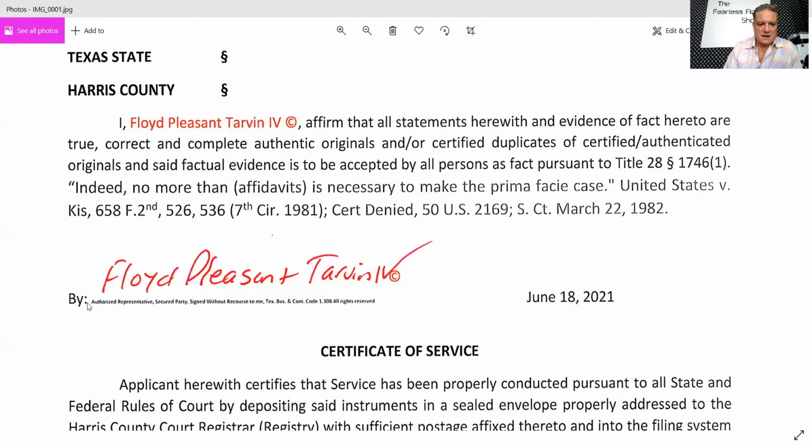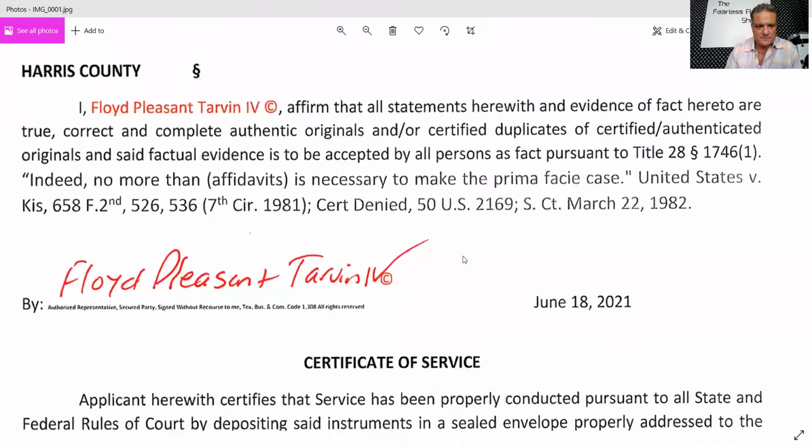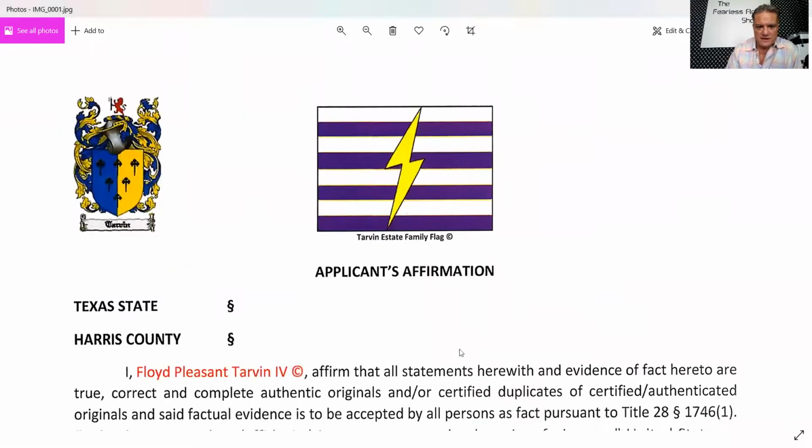All right. See right here, I have by, B-Y colon, and then I have my name. So why am I putting a by here and printing my signature, my appellation? There's a reason for that.